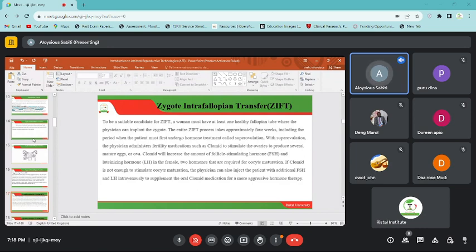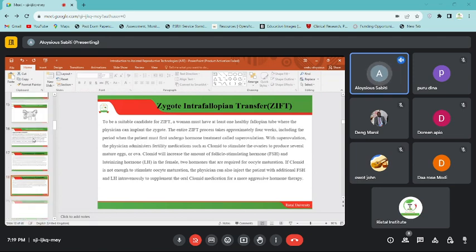So sometimes after you've taken this clomid, there are chances that the maturation process may not be stimulated to full maturity. Therefore, after someone has swallowed this oral pill, the physician can also inject additional follicle stimulating hormone, so that there is more aggression in trying to increase the maturation process.